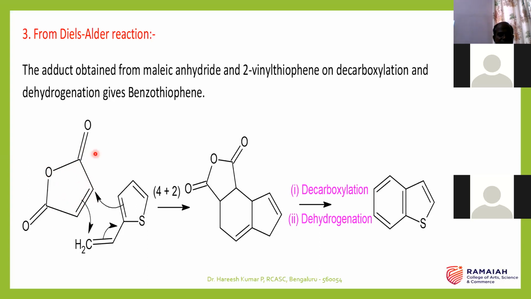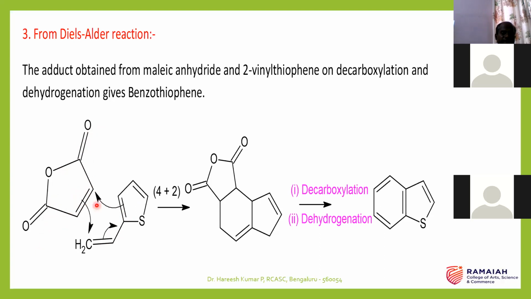This is a dienophile, and this one is called a diene. For the Diels-Alder reaction you should be aware of what a diene and a dienophile are. The conjugated one is called the diene, and the other should be a dienophile. A dienophile is one with a double bond along with electron withdrawing groups.